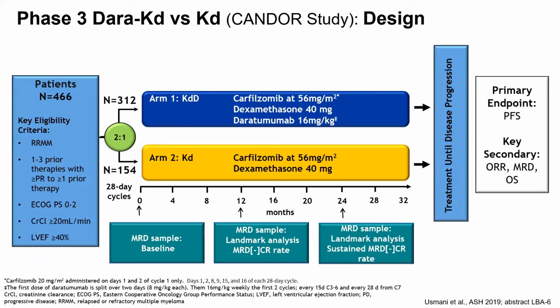And the good thing about this is that they monitored minimal residual disease at time 0, at 12 months, as well as 24 months. Patients were treated until disease progression. The primary endpoint was progression-free survival, and key secondary endpoints were overall response rate, minimal residual disease and overall survival. Next one.